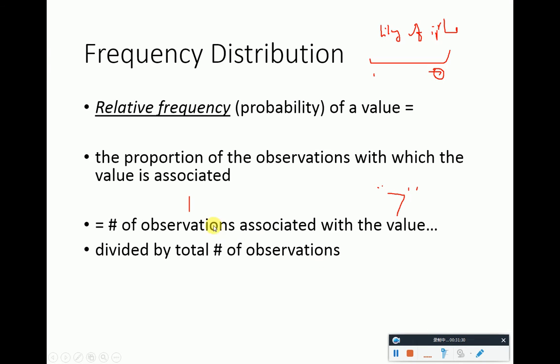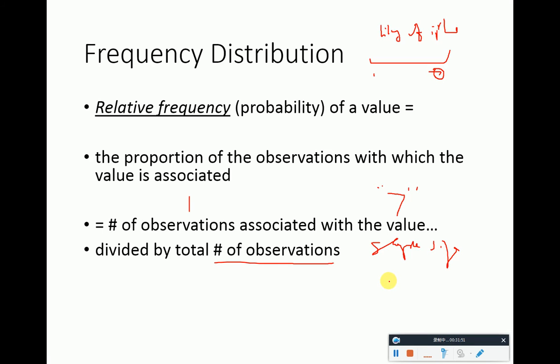Okay, and we need to divide this 1, the number of observations associated with 7, by the total amount of observations. So total amount of observations simply is sample size. That is how many people we surveyed.